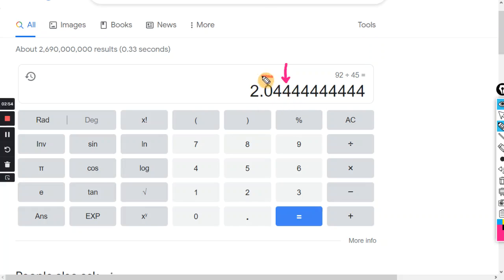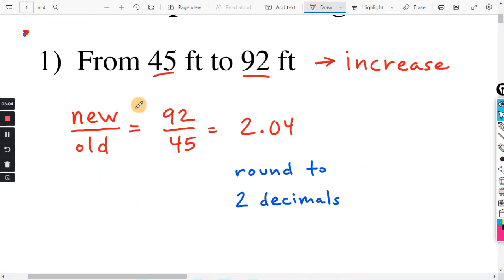So this is going to be 2.04, and we're just going to ignore the rest of it. So I get 2.04.